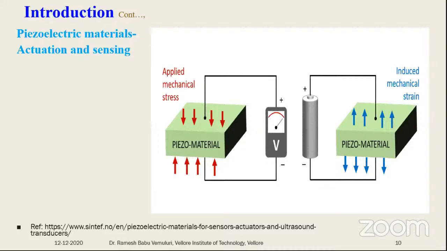So the piezoelectric materials we apply, as I already told, from the actuation and sensing perspective. If you apply a mechanical stress, then there is the sensing perspective, and the induced mechanical strain gives the actuation. In this way we can also use it in the reverse manner, where we apply a mechanical field and then a voltage signal will come, and where we apply a voltage, then mechanical signals will come.